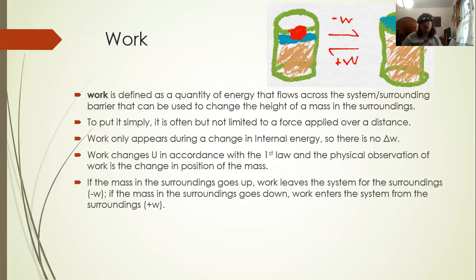Work is done by the gas when it expands and pushes that mass up. Work is done on the gas when the mass pushes down and causes the gas to contract. Simply put, work is defined as a force applied over a distance.